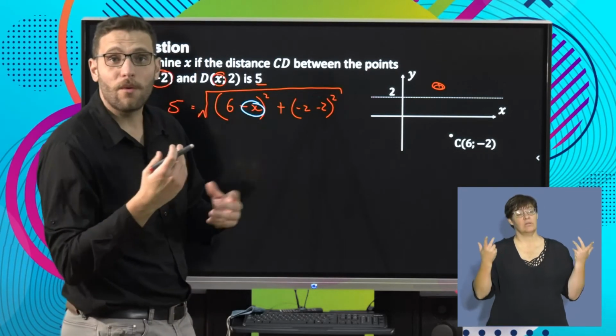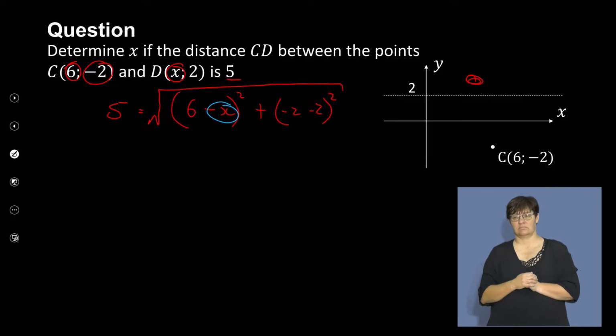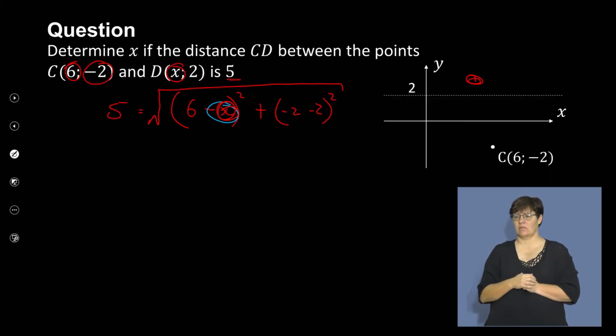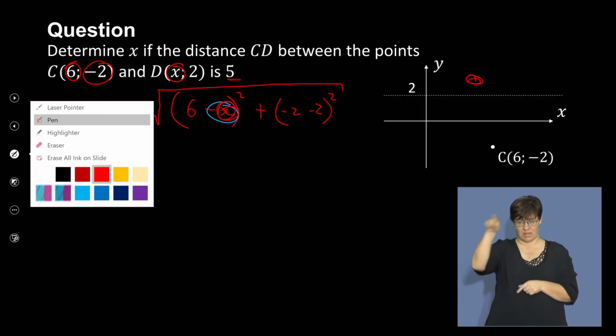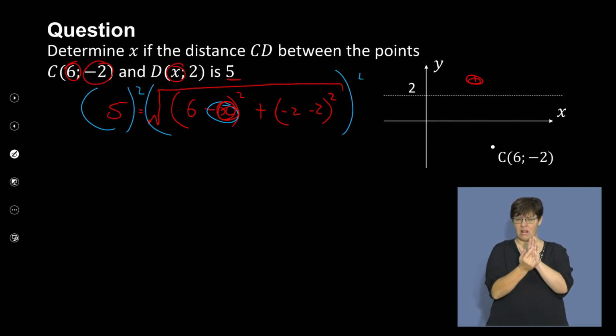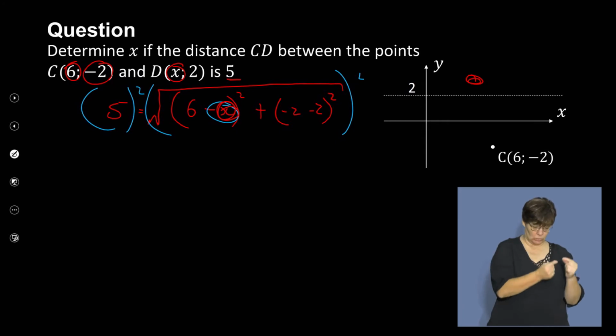Cool. So what we're going to do is solve this. I want to get x alone. Now, there's a whole bunch of stuff stopping x from being alone. Firstly, the square root. And so I'm going to square both sides. Remember when we discussed equations, everything was legal if I did it to both sides.